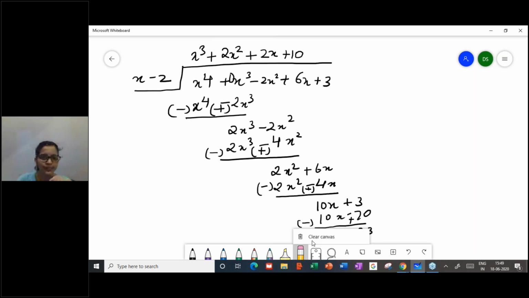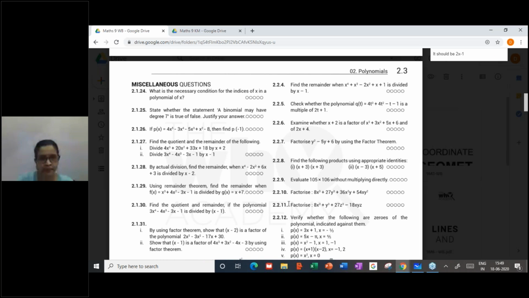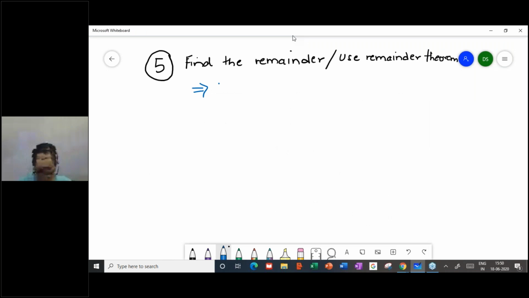I want you to remember one very important thing here. What is that important thing? It is that this is applicable only when you are dividing a polynomial.